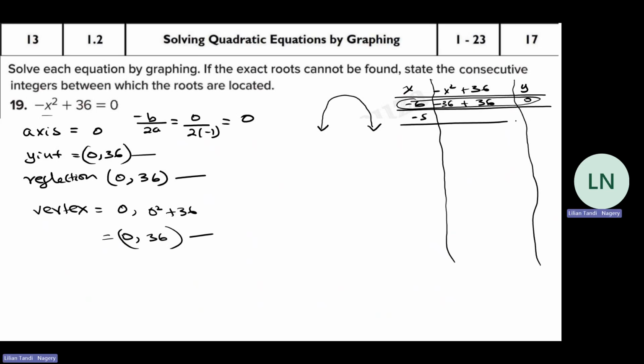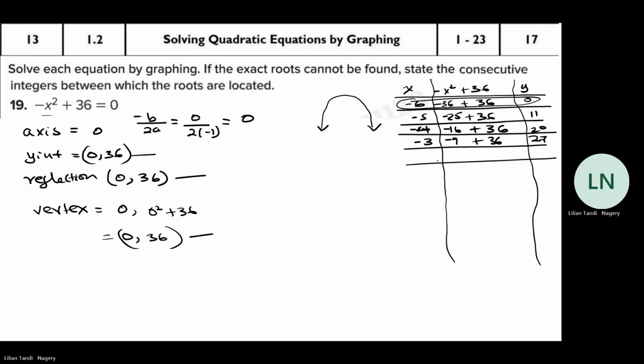Negative 5 will give me negative 25 plus 36, which is 11. Negative 4 will give me negative 16 plus 36, which is 20. Negative 3 will give me negative 9 plus 36, which is 27. Negative 2 will give me negative 4 plus 36, which is 32.